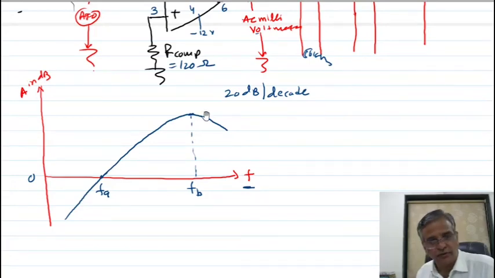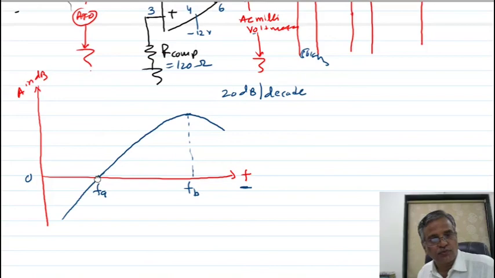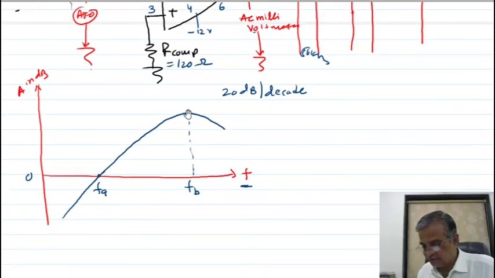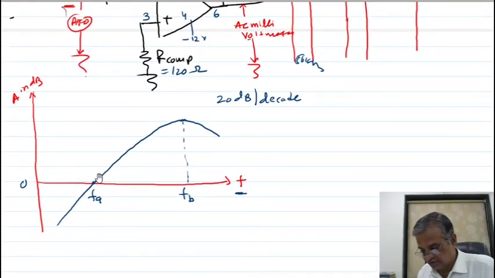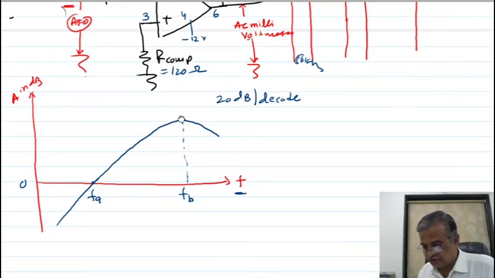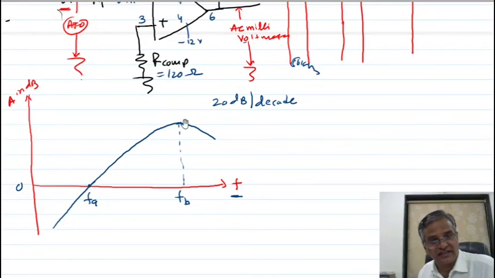You will get such kind of nature. FA is the frequency at which your gain is 0 dB. FB is the maximum frequency. In this range you can get differentiation. From FA to FB your gain increases, which we have already discussed.